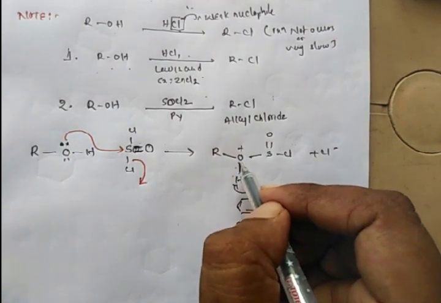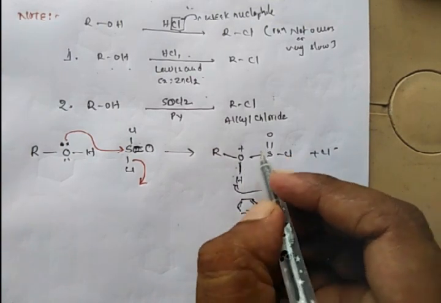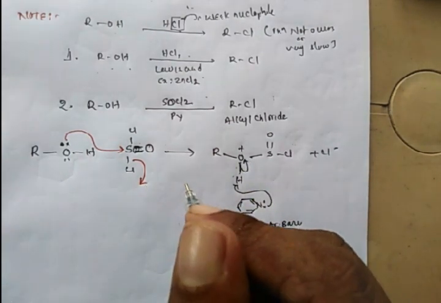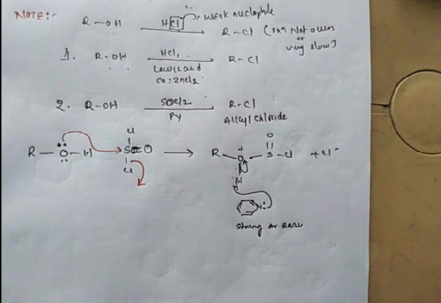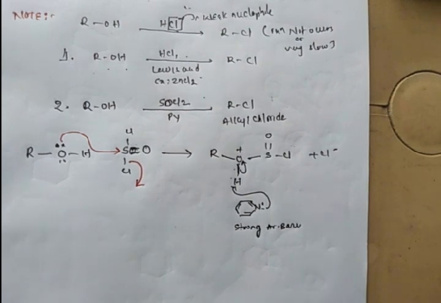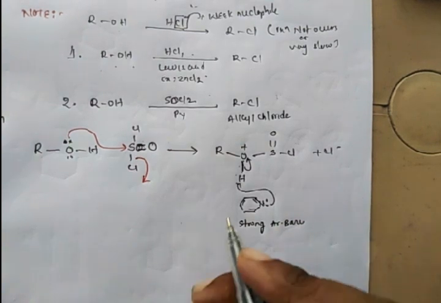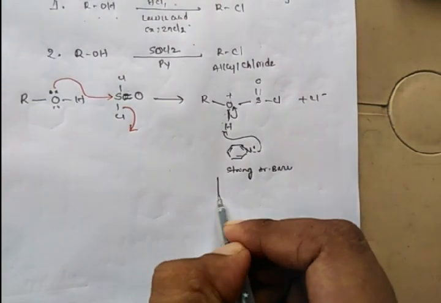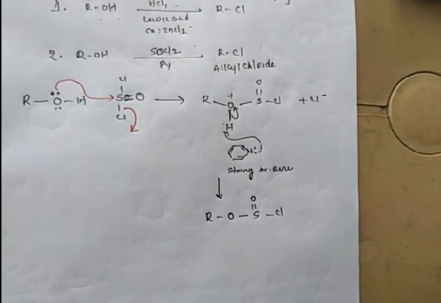The electrons present in the oxygen-hydrogen bond shift to the oxygen. So it forms RO-S double bond O-Cl.